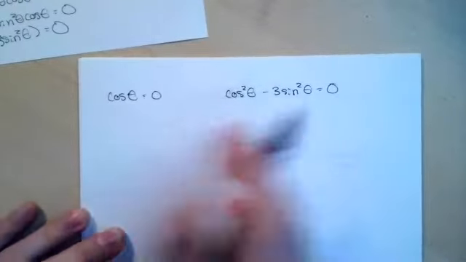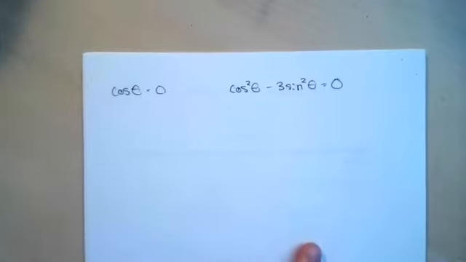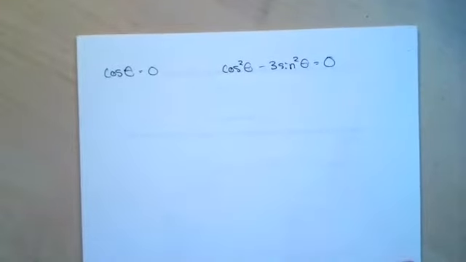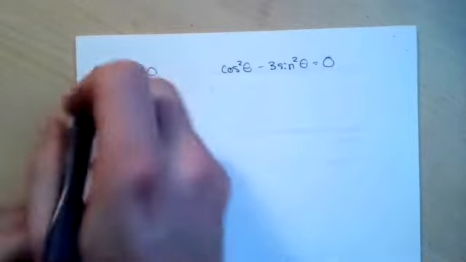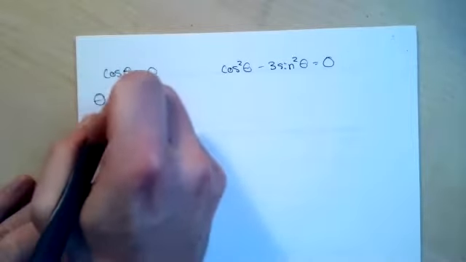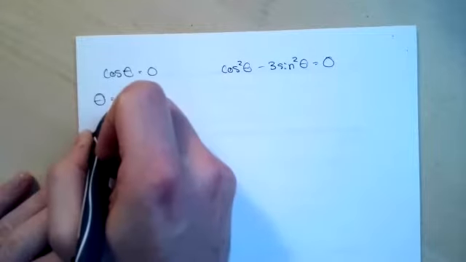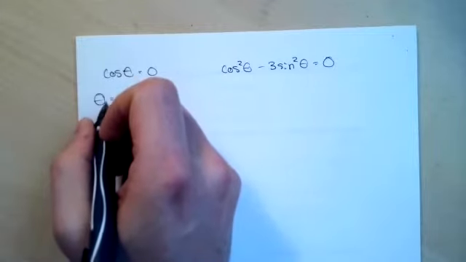This guy, got to remember way back in pre-calc and hopefully in calc, you guys got some more experience with this. How do we solve our trig identities and trig equations, especially equal to 0? So this one should be theta is equal to odd multiples of pi over 2.